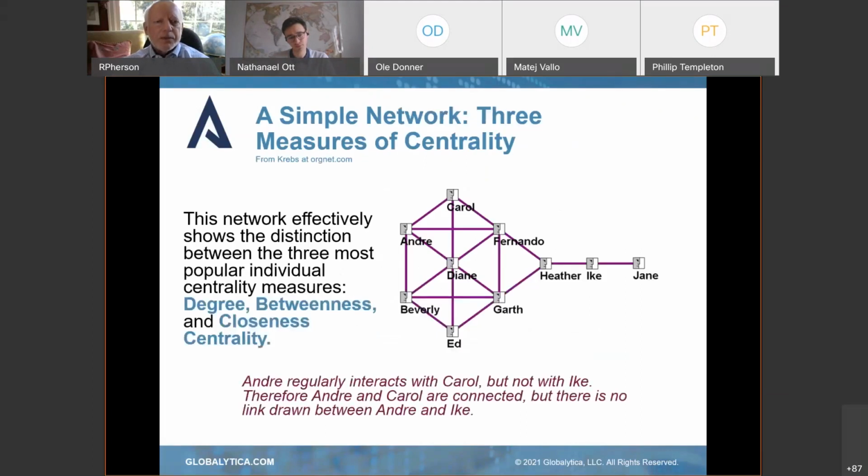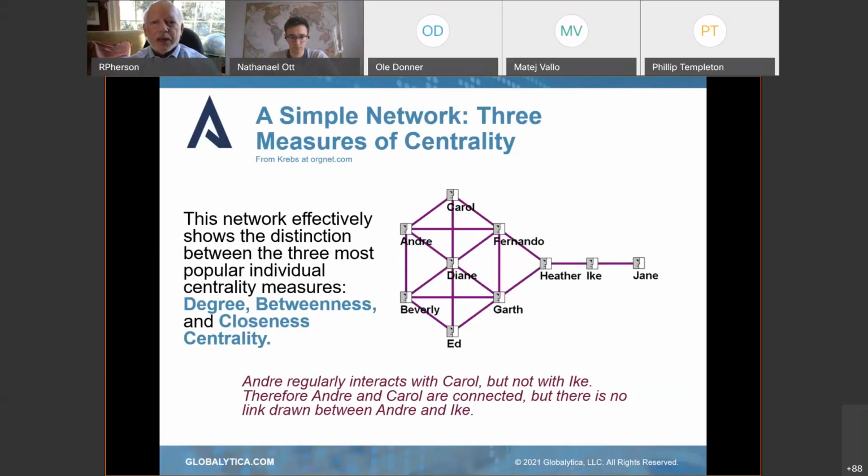So here's a simple example of a network. You have a bunch of people in the network. You can see that different people have different access. Others are kind of outside. And what we do with network analysis is we look at 3 different measures: degree, betweenness, and closeness. As you see here, Andre interacts with Carol, but not with Ike. So you know who they're talking to and who's connected.